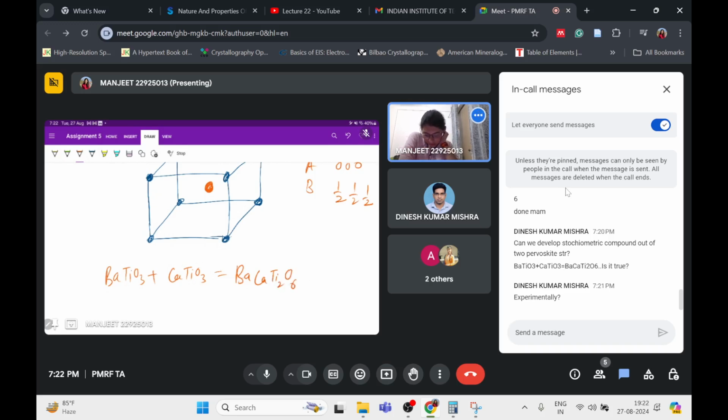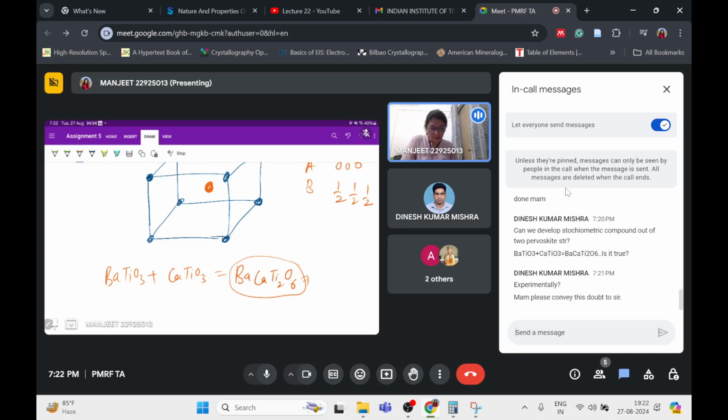So the first thing you have to check is whether it will be neutral, because there are three conditions we discussed in the last class for the perovskite, and it should be stable for this one.